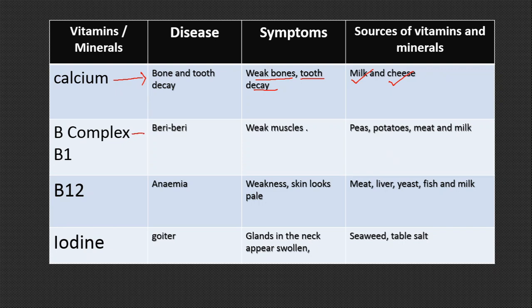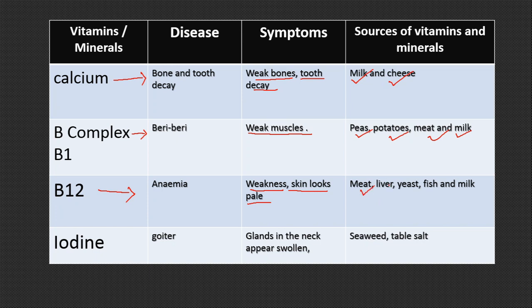Lack of vitamin B1 or B complex causes beriberi. Weak muscles is the symptom, and pea, potato, milk, and meat are good sources of vitamin B1 or B complex. Lack of vitamin B12 causes anemia. In anemia, pale skin and weakness are the symptoms.